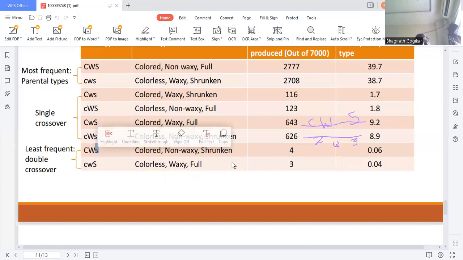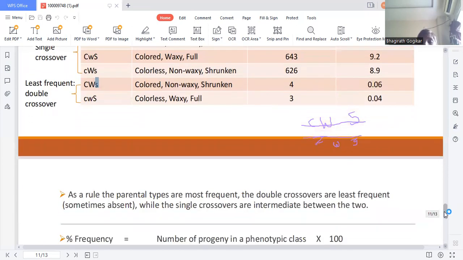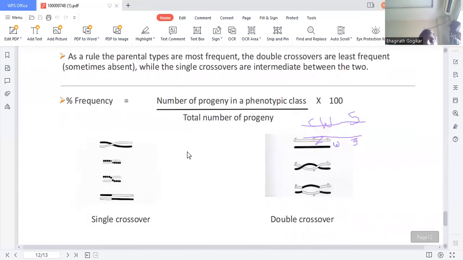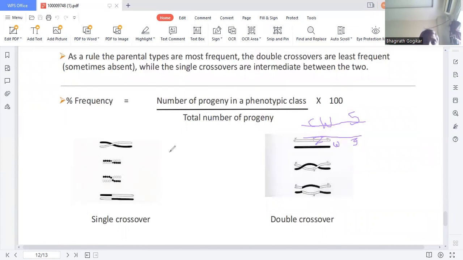So based on the given data in the problem, every student identified that the least number of progeny is considered as double crossover. So you identify the double crossover with reference to two points. I will draw this. This is the chromosome.